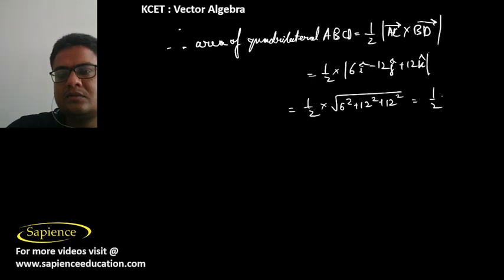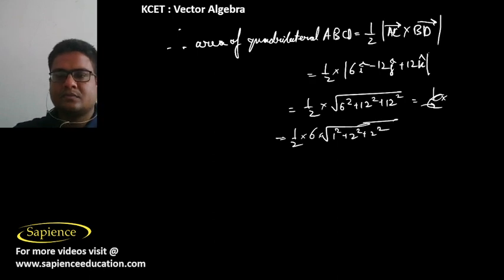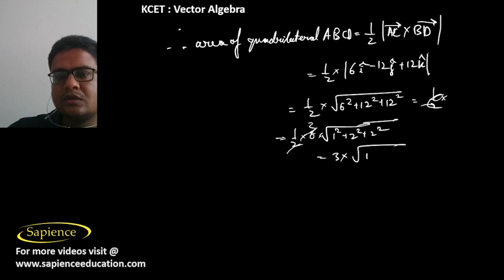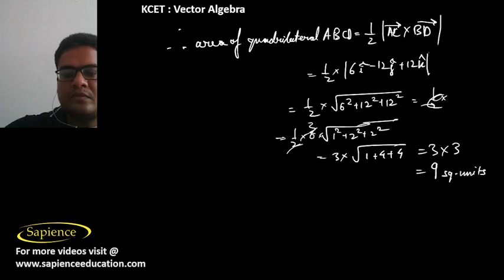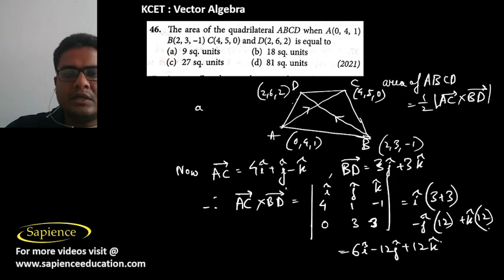So that is half of, 6 I can take as common outside, square root of 1 square plus 2 square plus 2 square. So 3 into square root of 1 plus 4 plus 4, that is 4 plus 4, 8 plus 1, 9. Square root of 9 is 3. 3 into 3, so it is 9 square units. So option A is the correct answer.